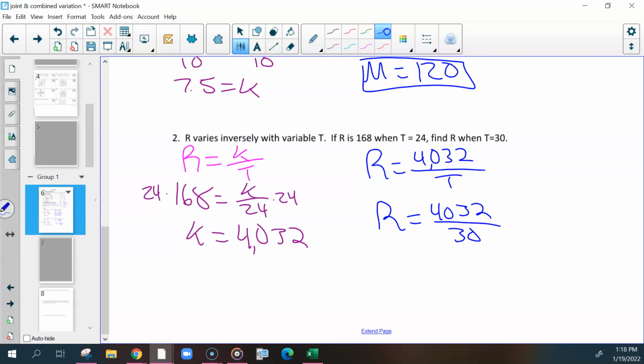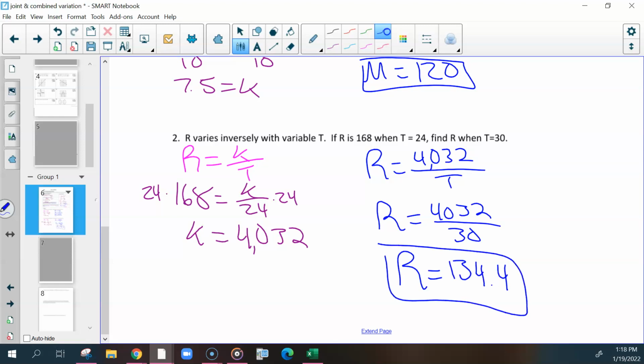So if it's just one or the other, solve it just like normal. Questions on number 2?